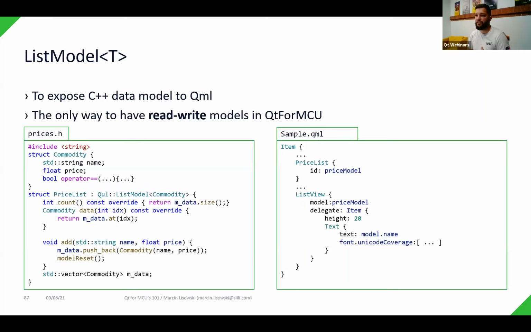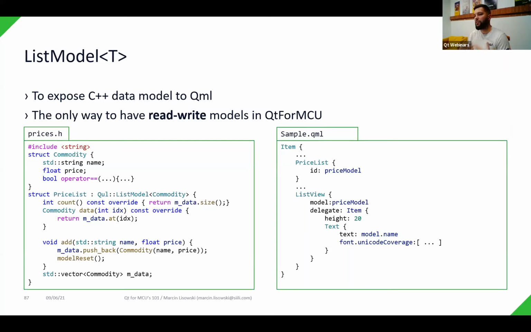It's the count that returns the size of your data currently held in your model, and the accessor function for a single item based on the index also has to return a single item of the type that you have provided in the list model template during the inheritance for your interface.